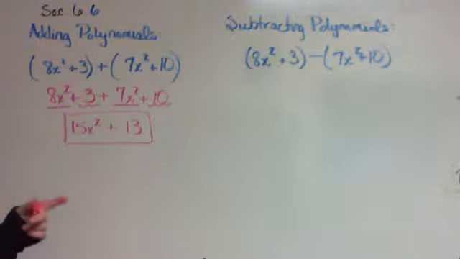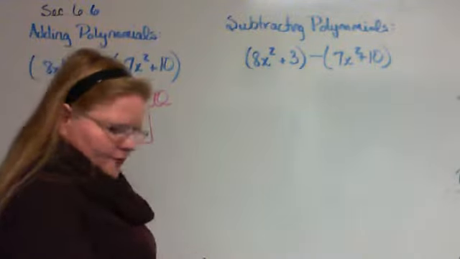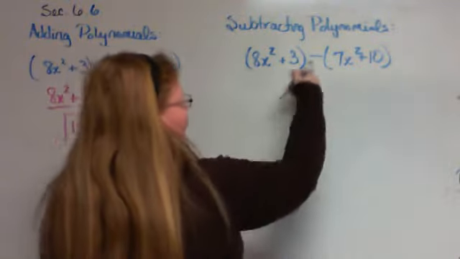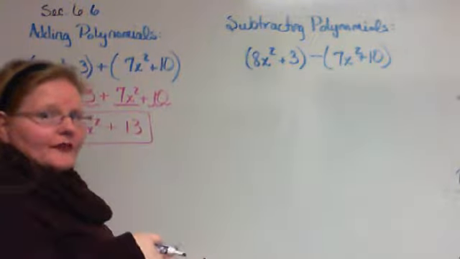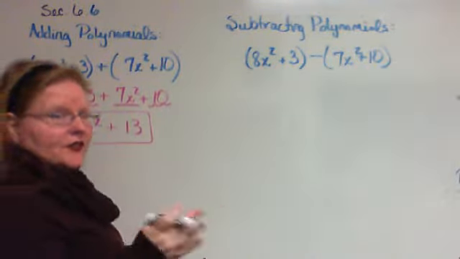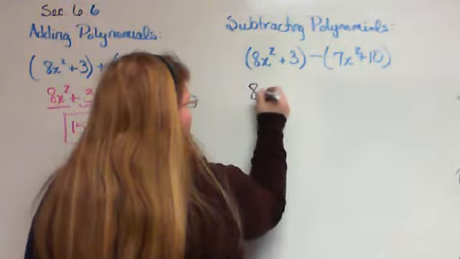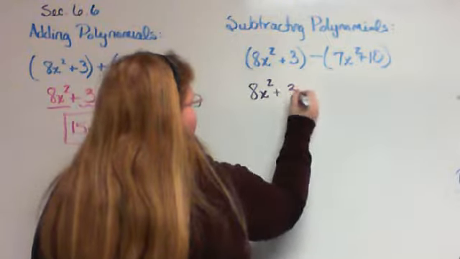For subtracting polynomials, that's not exactly the way that it works. When you're subtracting polynomials, this is still a minus. And we've talked about minuses in front of parentheses and how that changes everything inside that parentheses. So when I go to rewrite this, my front parentheses is going to stay the same because it's positive.